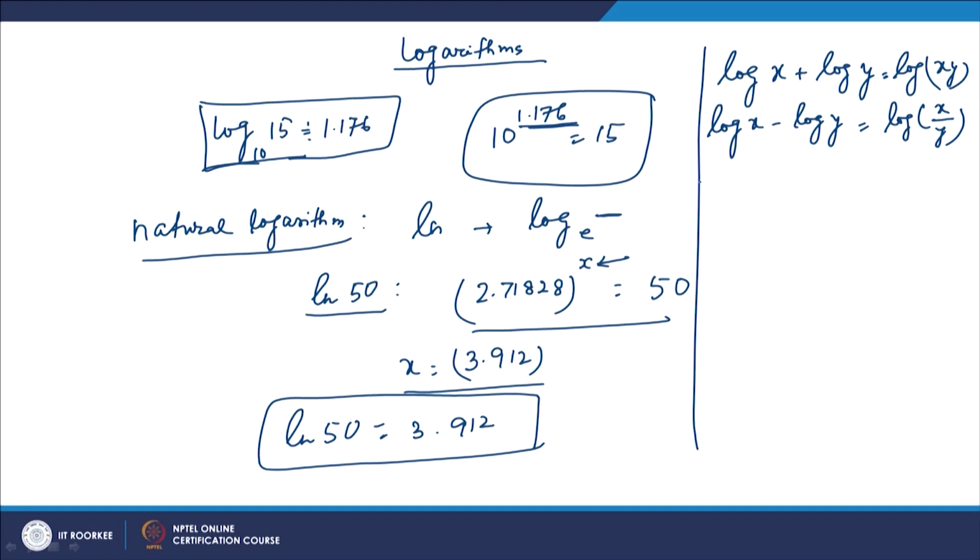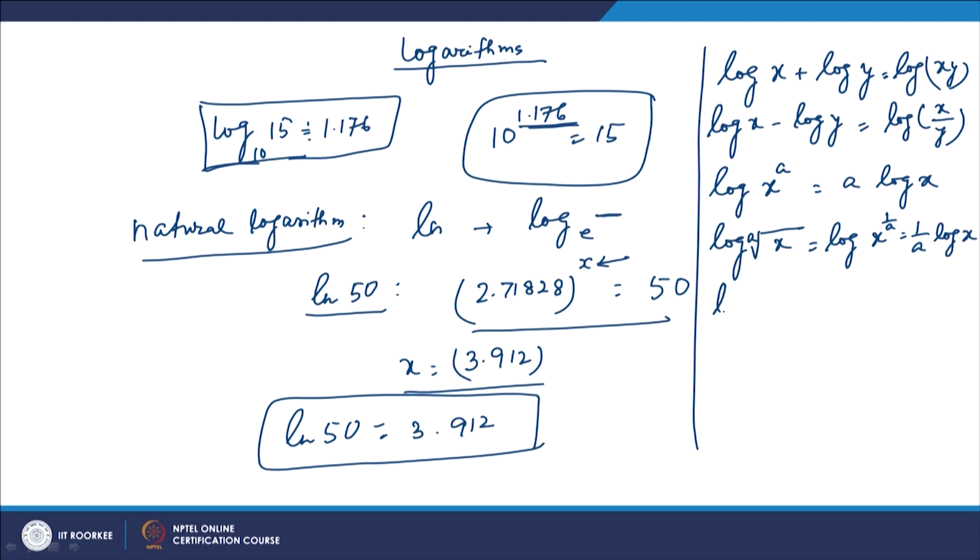If you have log x raised to the power a, this a comes in front, so it will be a into log x. Similarly, for the ath root of x, which is x raised to the power 1 by a, the 1 by a comes to this side, so it will be 1 by a log x.